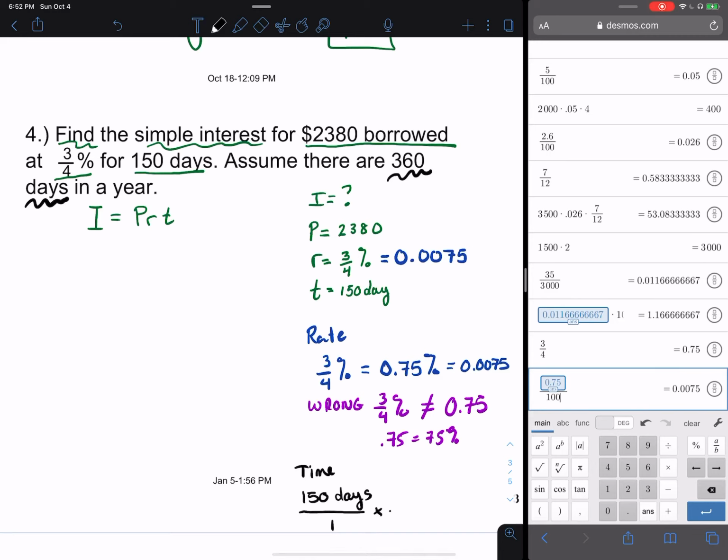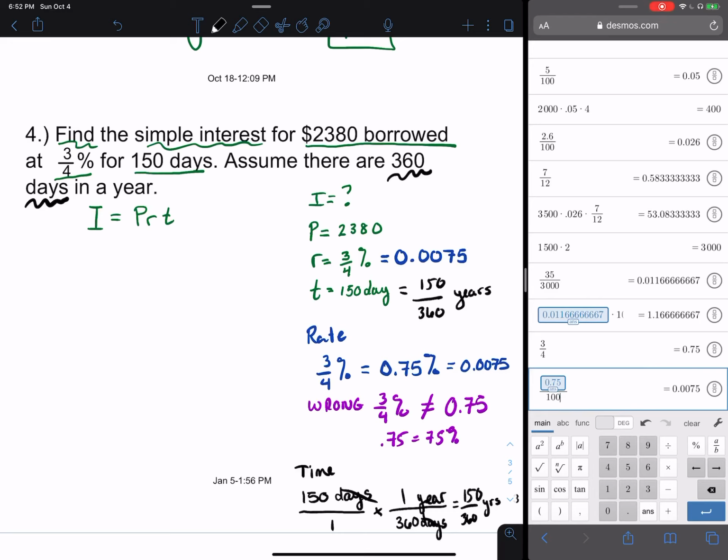So I'd want days to cancel out, so I'd put my 360 days in the denominator in 1 year. The days would cancel out, and we'll end up with 150 over 360 years. So the time in years, which are the units we want, is that fraction 150 over 360.